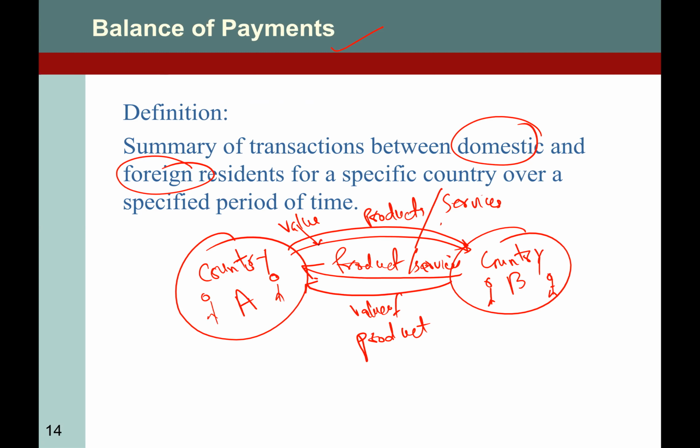So balance of payment is like a calculation of, okay, from the US, how much is our trade, how much raw material we bought, how much finished goods we sent over there, how much total services, banking services, lawyer services, and other services as well.